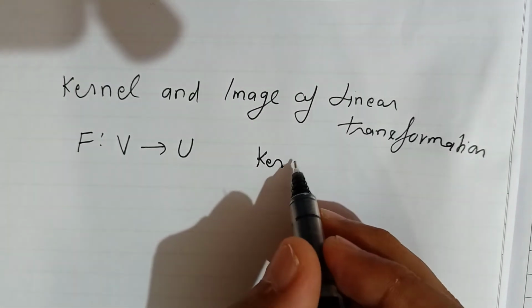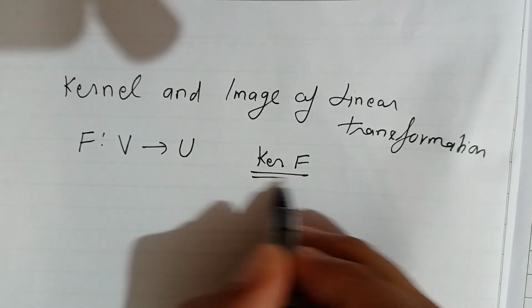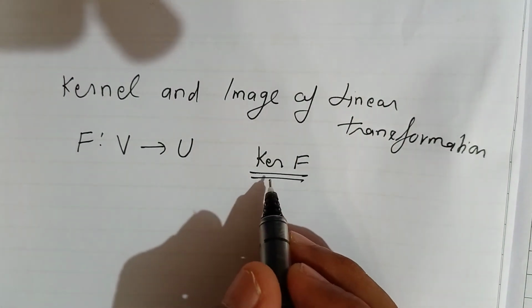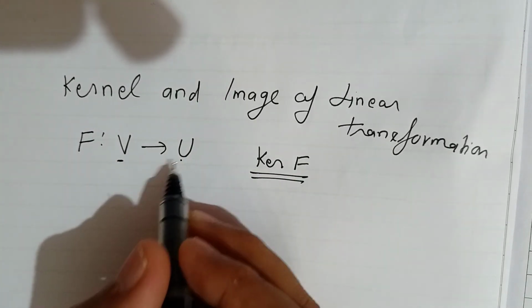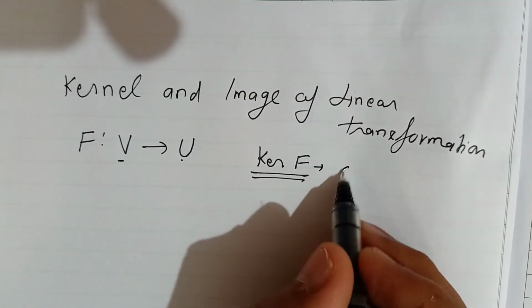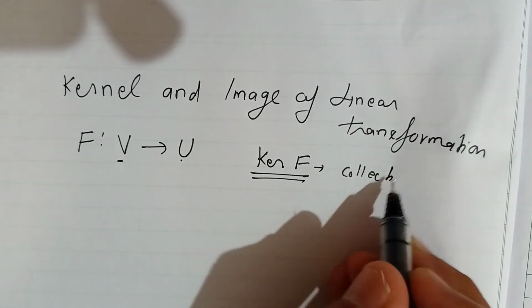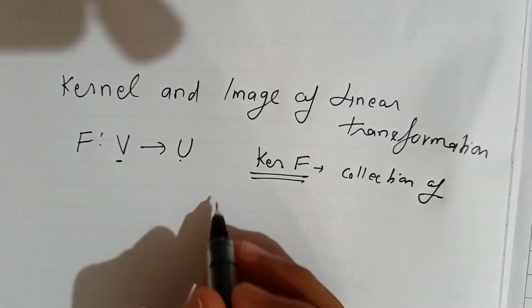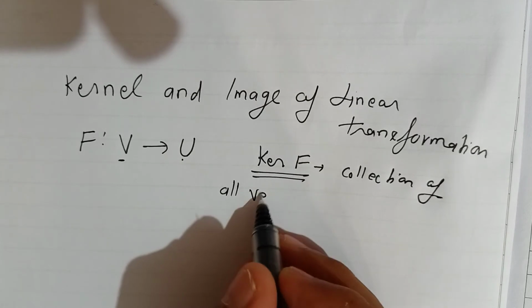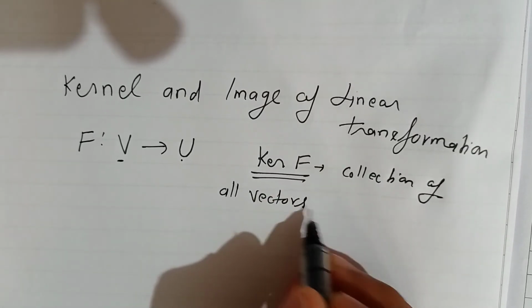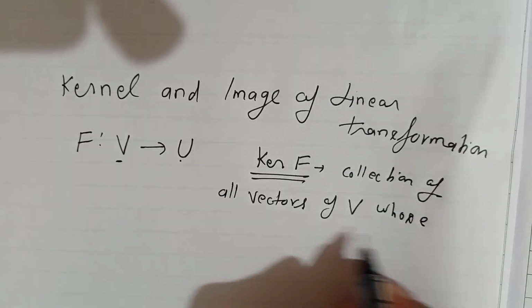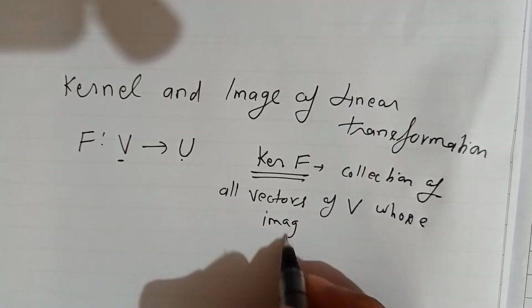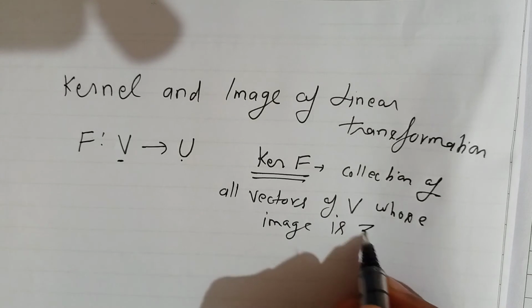kernel of f. We can define it as the collection of all the elements of V whose image is 0. Kernel of f is the collection of all vectors of V whose image is 0.